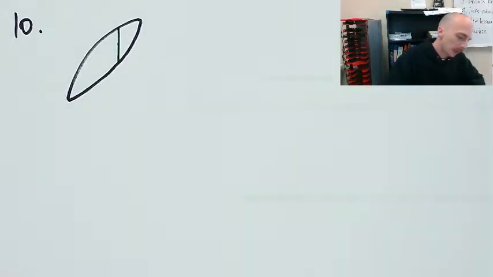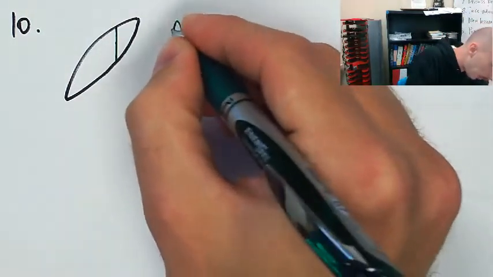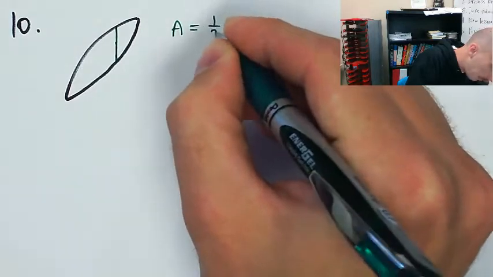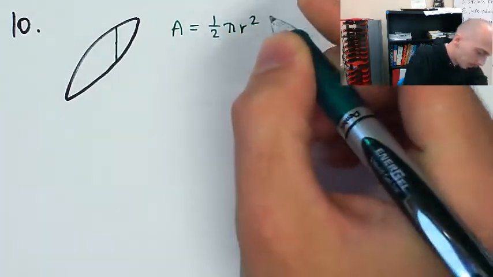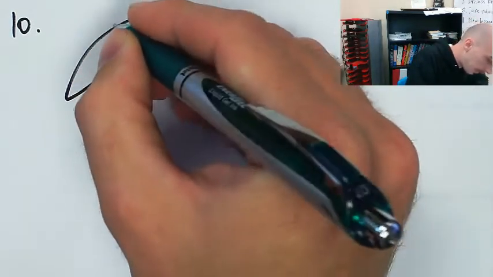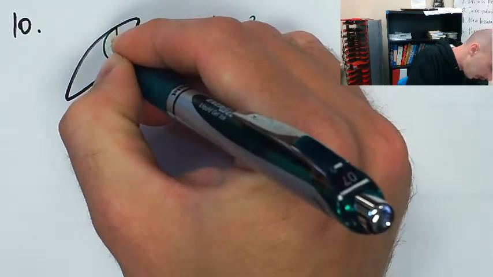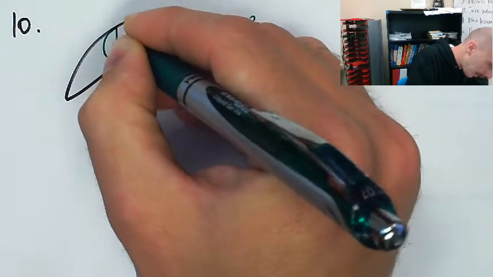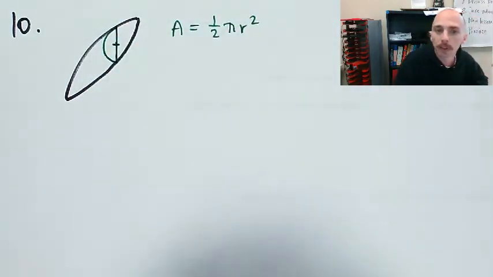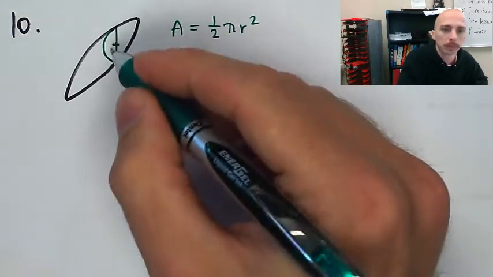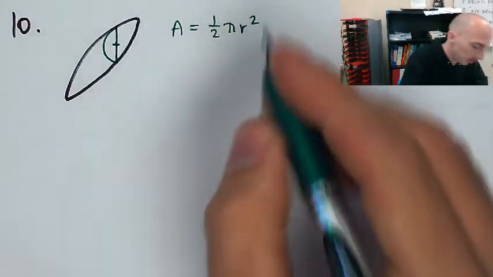Regardless, I'm going to just say that the area of a semicircle is equal to 1/2 of pi r squared. Now, if this is the semicircle, and I'm sure we talked about this in class as well, then top minus bottom is actually the diameter of that semicircle. The radius would be half of that vertical distance.